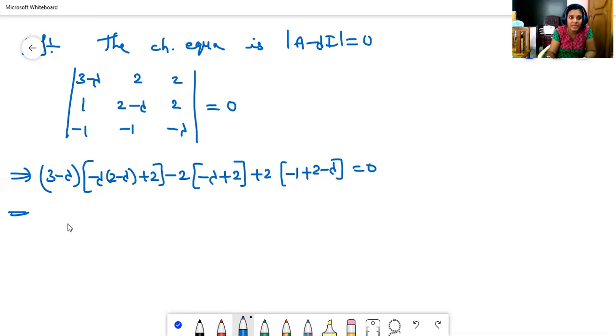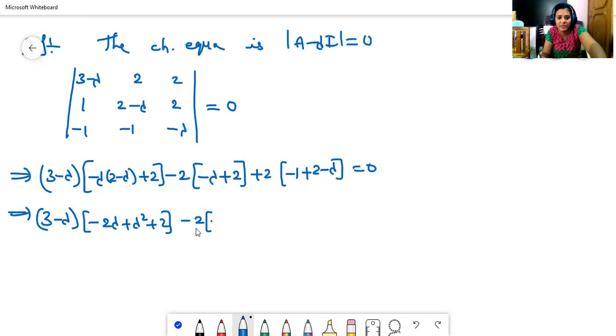From this, 3 minus lambda into minus 2 lambda plus lambda square plus 2, minus 2 into multiply with minus 2, minus into minus plus 2 lambda minus 2, and here taking simplification, plus 1 minus lambda, 2 minus 2 lambda equal to 0.